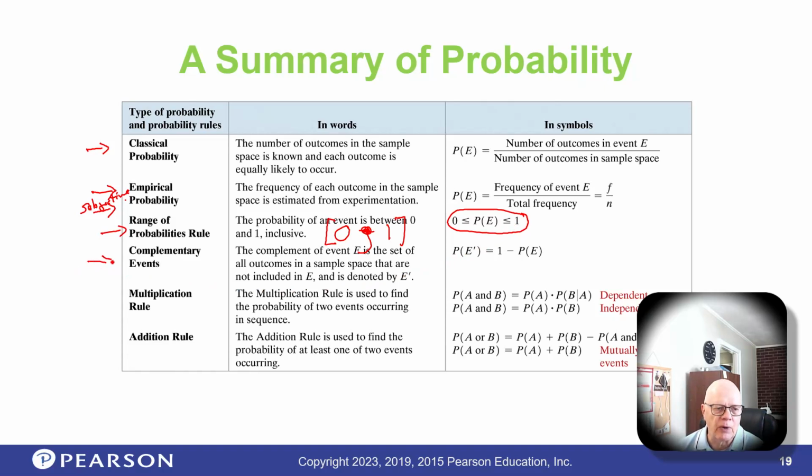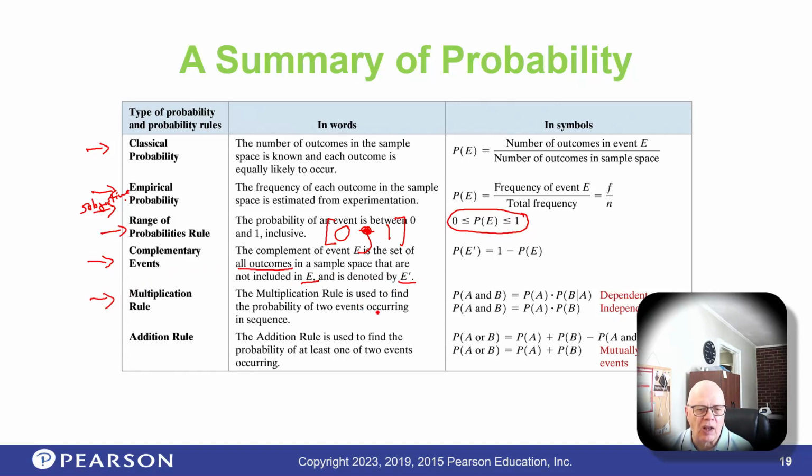Next, complementary events. What were they? Well, they're events that are mutually exclusive, but put together, they take all the outcomes in the sample space and split them up between E and not E. Multiplication rule.